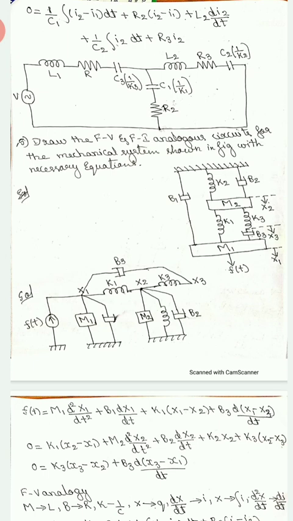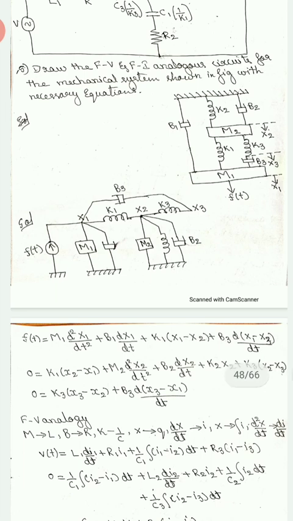Draw the equivalent mechanical system for the given diagram. For x1 what elements are connected, for x2 what elements are connected, for x3 what elements are connected. You need to observe and draw the equivalent mechanical system.